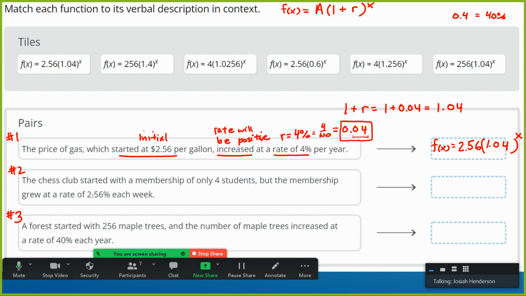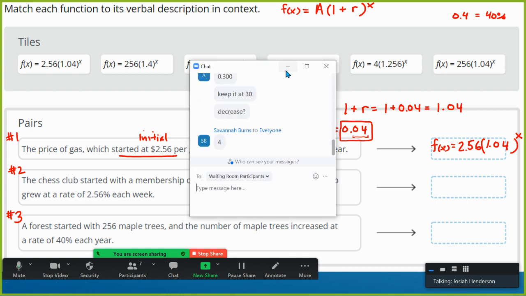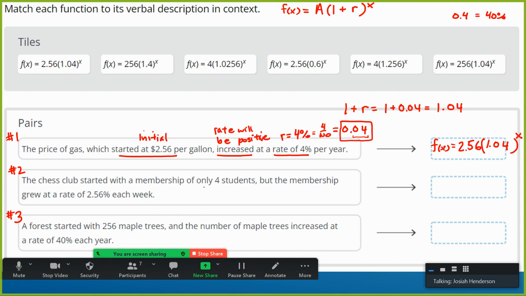What's the starting amount? Any ideas? Any thoughts? Please, in the chat. Savannah, 4. Very good, Savannah. Keyword, they did say started with a membership of 4. So that's our clue that that's our initial. We're measuring how many people, students, are in the club.